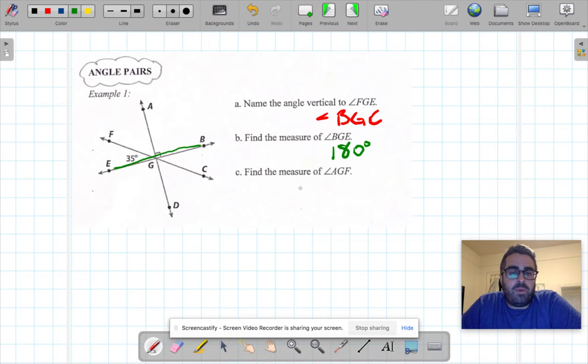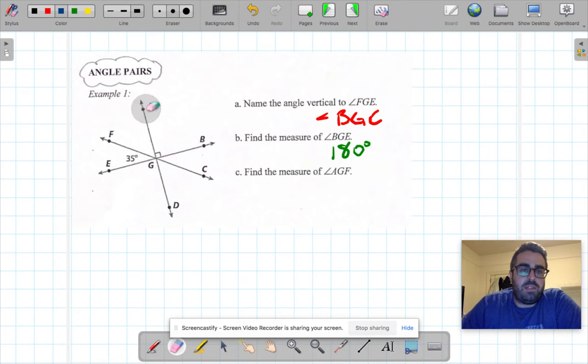The next example, we are asked to find the measure of AGF. So again, let's locate AGF. I'm going to highlight it. And we notice it's this piece right here. So how do we find this measure?